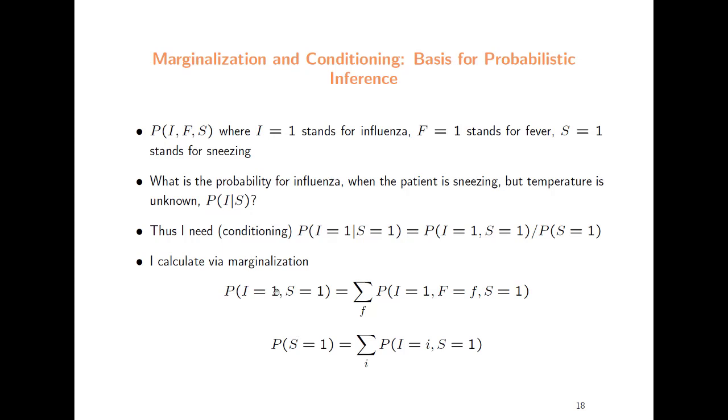Then I have to do another marginalization. I take this expression, which I just derived, and sum over the influenza variables, and then I have the probability of sneezing. Then I divide this number by this number, and I get my desired conditional probability.